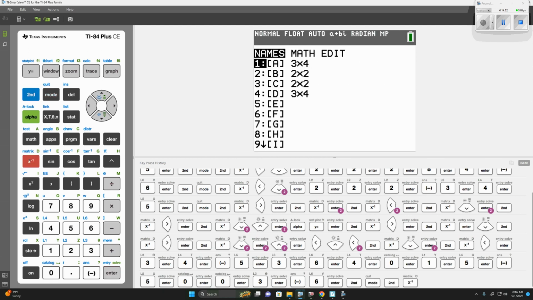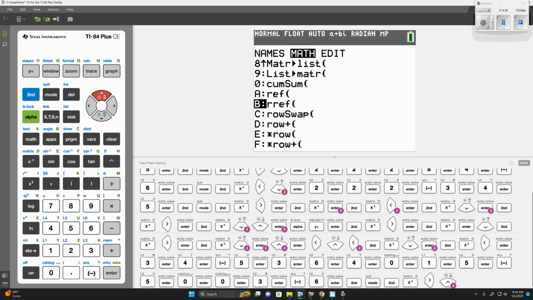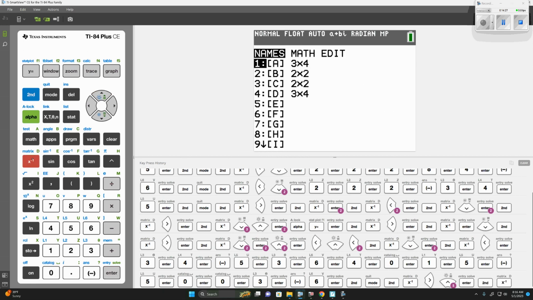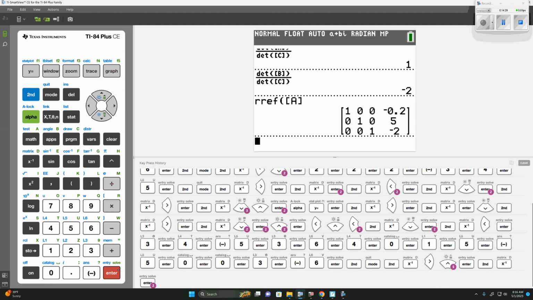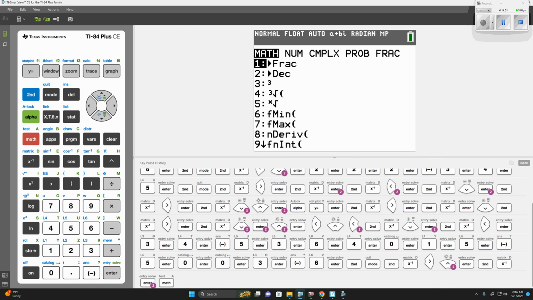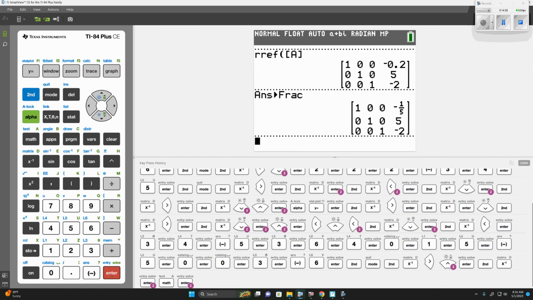Second matrix, RREF, second matrix A. We get this here, and if we go math, enter, we see that the solution set is -1/5, 5, -2.